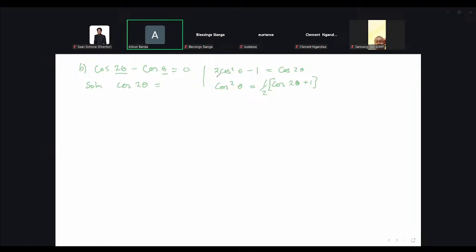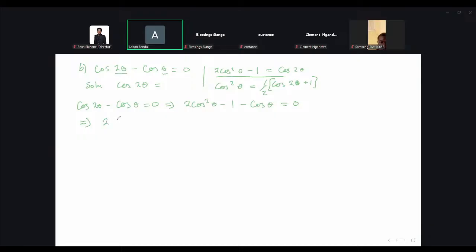So we are just going to substitute cos 2 theta by 2 cos squared theta minus 1. Right, so then the cosine of 2 theta minus cos theta is equal to 0 implies that 2 cos squared theta minus 1 minus cos theta is equal to 0. So this is what we have, and I want to rewrite this as follows.